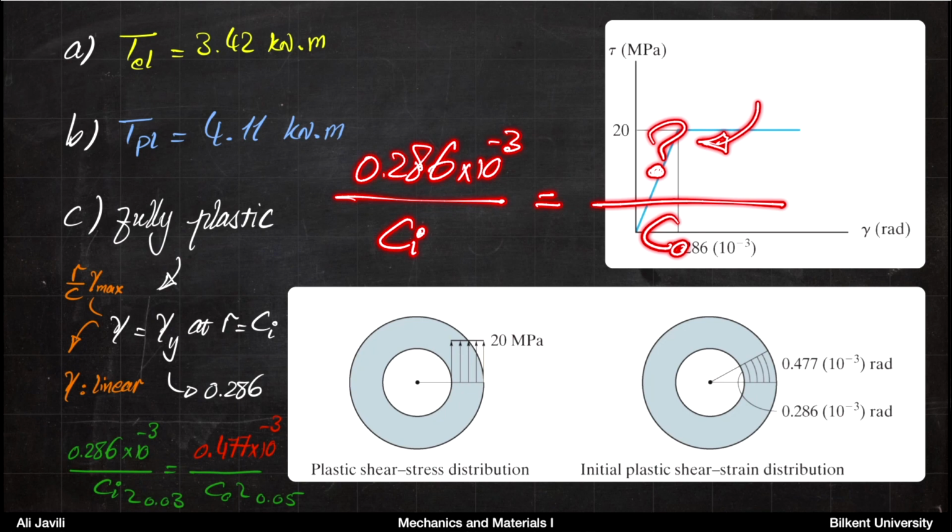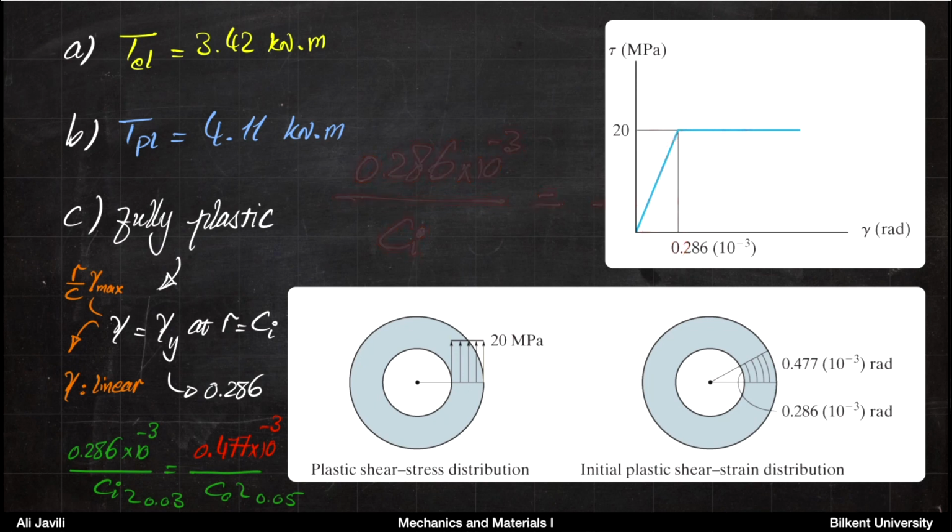So how much shear strain do I have at the outer radius such that at the inner radius I have 0.286 times 10 to the minus 3. If you calculate that, you get 0.477 times 10 to the minus 3. So that's also the answer for part C of the exercise.